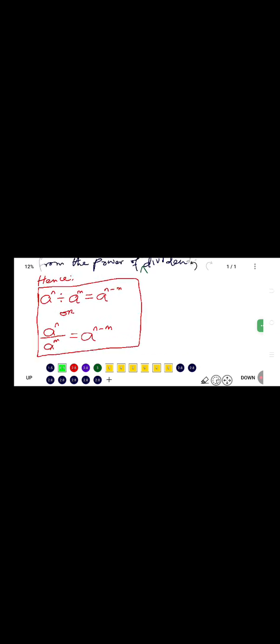Now we have our law, so let's do some examples. Simplify: number one, x raised to power 4 divided by x raised to power 2.